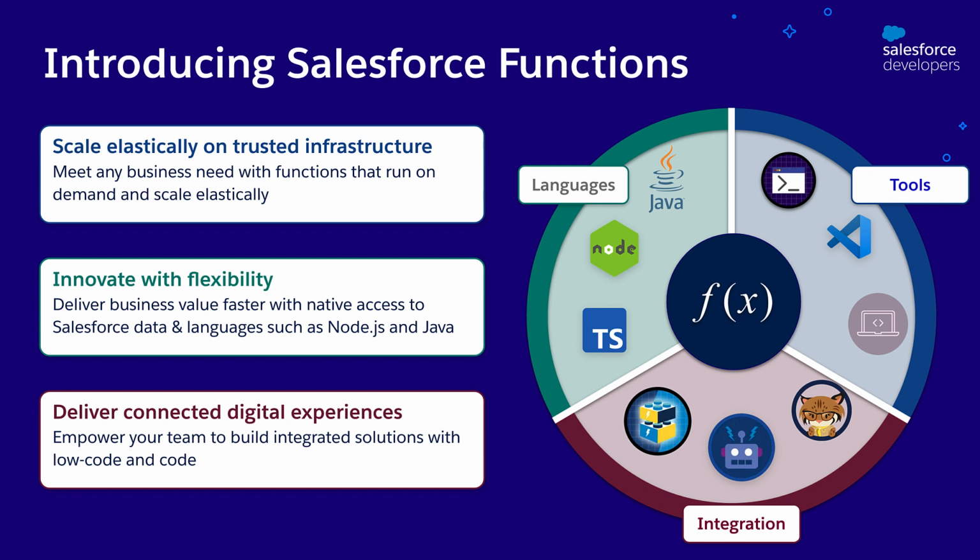You will be able to extend Salesforce applications using Node.js and Java, but not only the languages, also their full ecosystem. So you will be able to use NPM libraries or Maven dependencies in your own Node.js and Java projects.